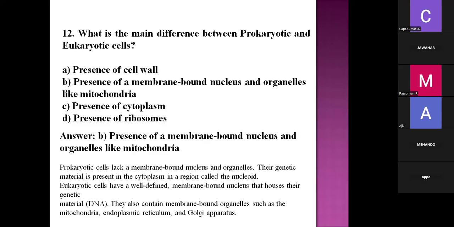The presence of a membrane-bound nucleus is considered a fundamental distinction between prokaryotic and eukaryotic cells. What is the main difference between prokaryotic and eukaryotic cells? Answer B. Presence of membrane-bound nucleus and organelles like mitochondria is the correct answer.